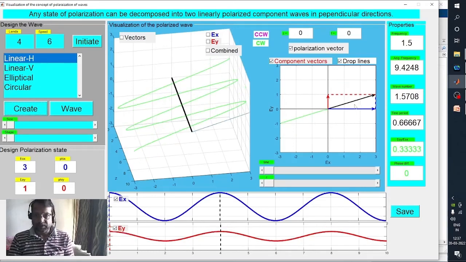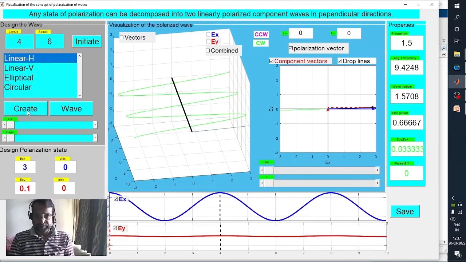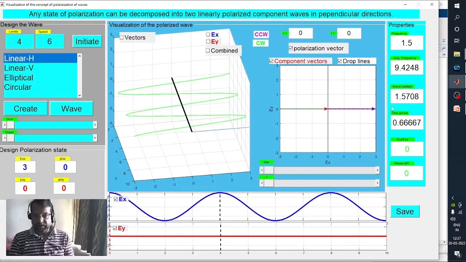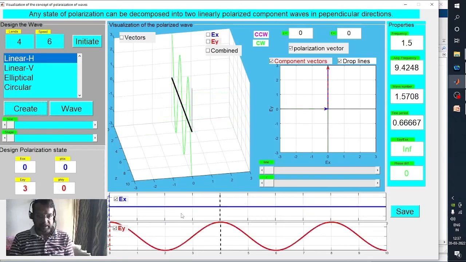With 3 and 1, E0x is 3 times greater, hence it makes a smaller angle. Let me try much more. So it's almost in the x direction, and if it is made 0, it becomes x polarized light, or vice versa: the Ex is 0 at all z, and Ey is what remains.